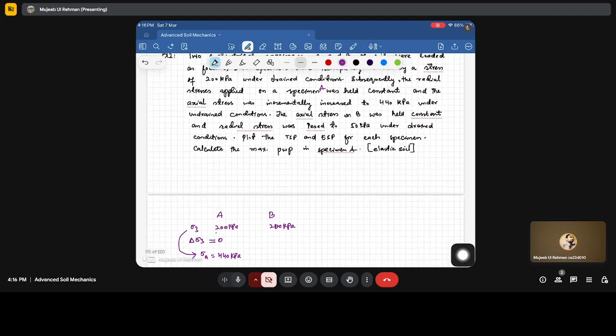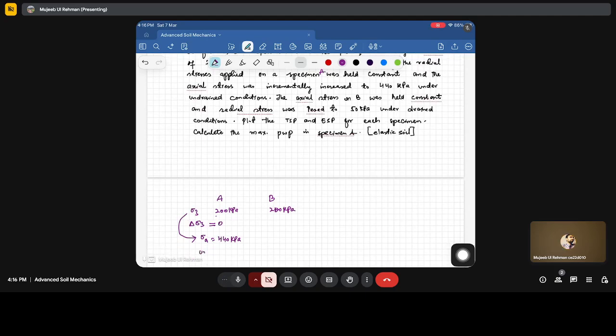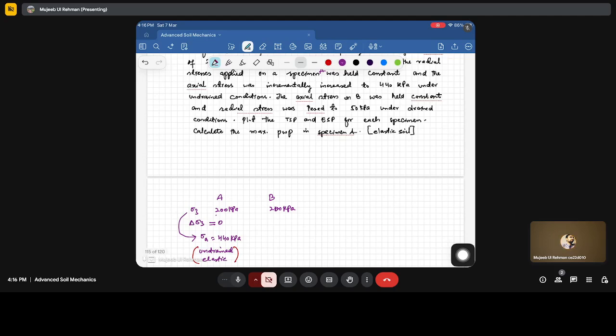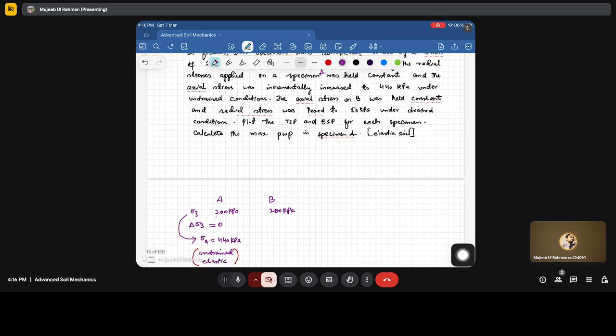Now for specimen B, the conditions are undrained and the soil is elastic. These two things you should remember, undrained and elastic. Now what about specimen B?